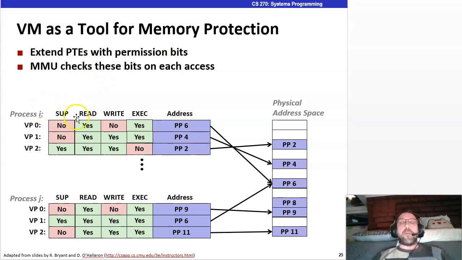This sup flag is short for supervisor. This means that if this bit is set to true, the process itself is not allowed to access that memory, but the operating system running on behalf of that process is. So if the operating system's running, the CPU will have higher privilege and will be able to access things with the supervisor bit. And if it's running just as the program, then it will not have access to those pages.